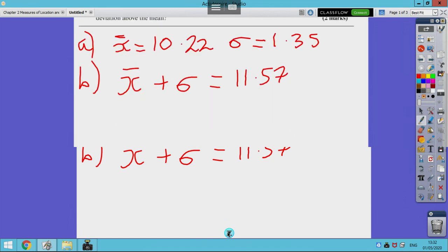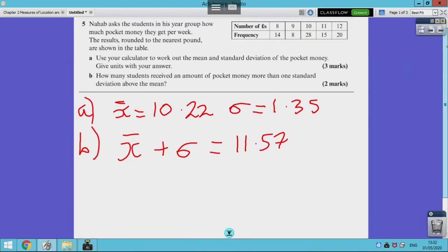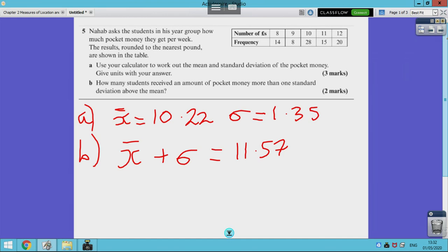So let's think about the table up here. 11.57 is in the class of 12, because the lower bound of 12 is £11.50 and the upper bound of 12 is £12.50. So 11.57 fits into this.